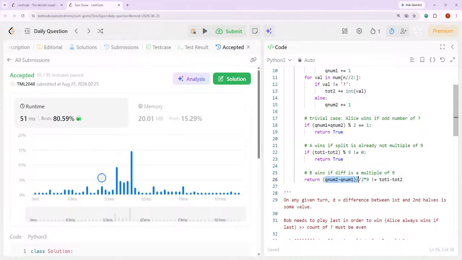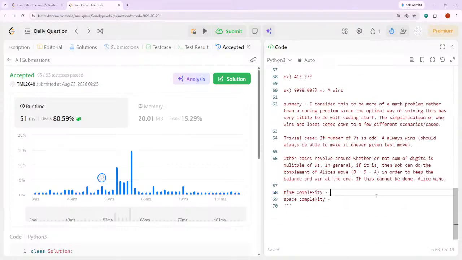So this is just the count of the number of moves each makes, which is the difference between the number of question marks in the first half and in the second half. Those counteract each other. So divide by 2 is going to be the number of moves that Bob or Alice makes. Alice and Bob make some number of 9s, and that number of 9s needs to match the difference total.